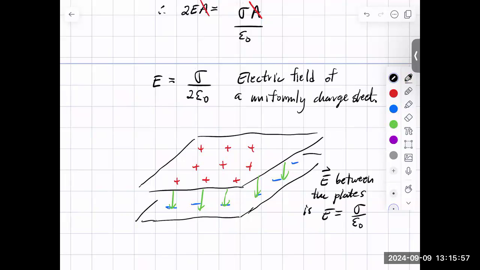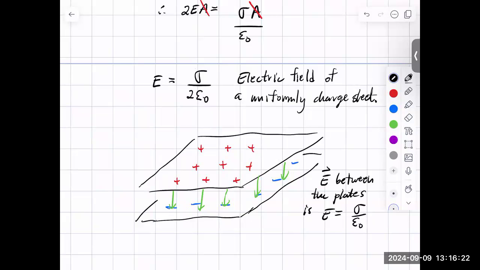Okay, what about the electric field up here? What's the direction of the electric field due to the positive plate above here? Up. What's the direction of the electric field due to the negative plate in this region? Down. So they're in opposite directions.